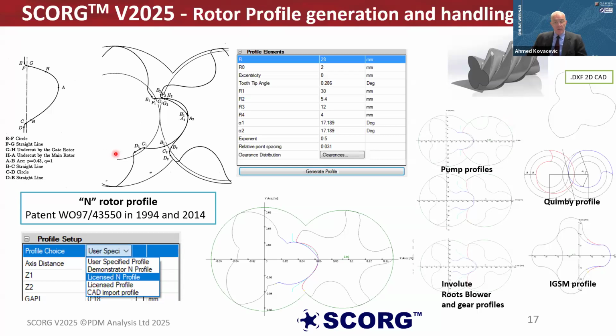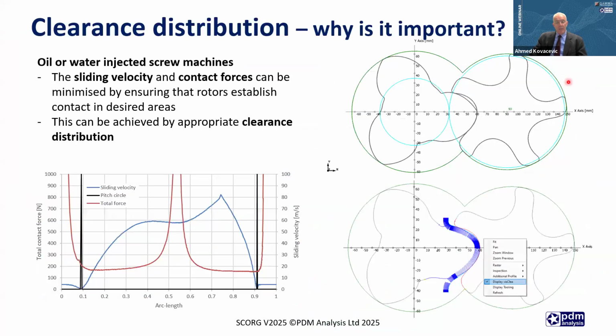But apart from that, we also have other profiles like pump profile, symmetric, asymmetric, equal, unequal, involute Roots blower profiles, internally geared screw machine profiles, Quimby profiles, and obviously we allow handling any CAD profiles in there.